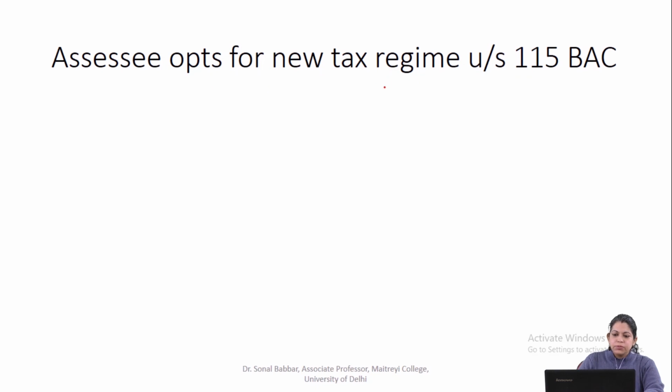What if the assessee opts for new tax regime under section 115BAC here? As we stated that the deduction on account of interest on borrowed capital for self-occupied house properties, that deduction has been withdrawn under the new tax regime. Therefore, NAV will be taken as nil. GAV is nil. Municipal tax is nil.